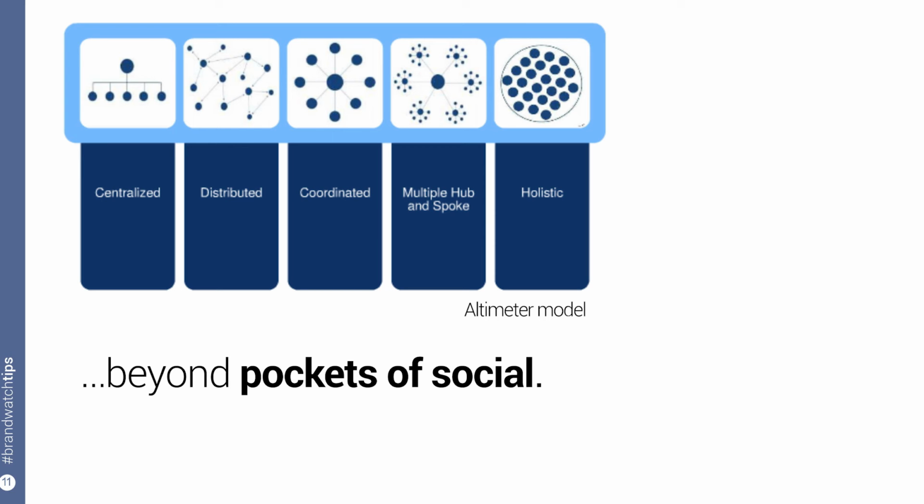There's a scale that's really exciting now, and hundreds or thousands of users are now receiving important, interesting information that can help them make decisions on a daily basis. So looking at this Altimeter model, recognizing that social is becoming distributed across the organization, one of the things that we at Brandwatch want to do is lead the way in going further and doing this at scale.